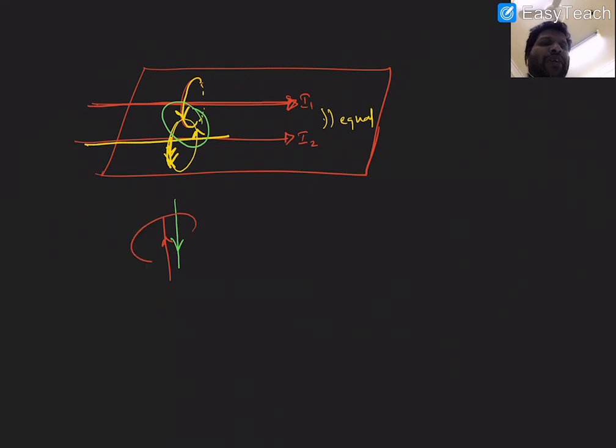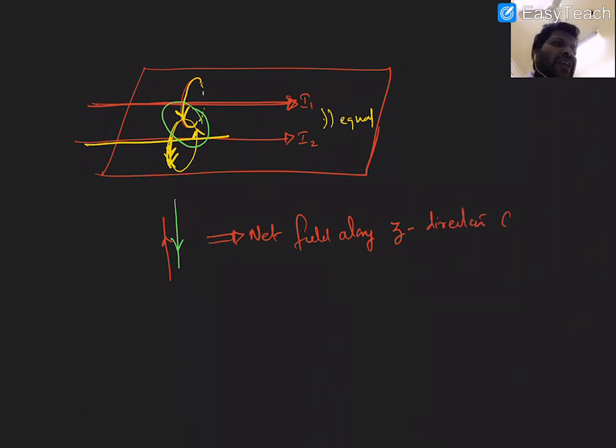So the net field along the z direction cancels each other.